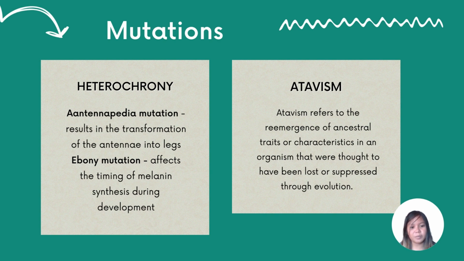This mutation is caused by a disruption in the normal development timing of genes that control the formation of these appendages. Another example of heterochrony is the Drosophila ebony mutation, which affects the timing of melanin synthesis during development, because normally melanin is synthesized in the pupal stage of development, but in the case of the ebony mutation, melanin synthesis is delayed until adulthood.